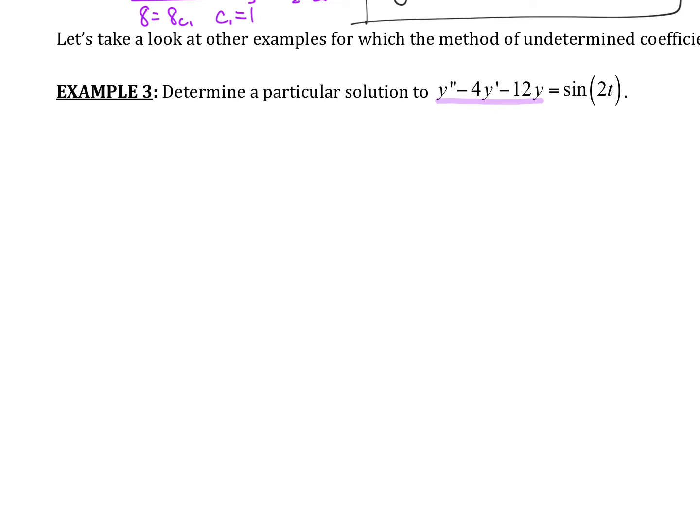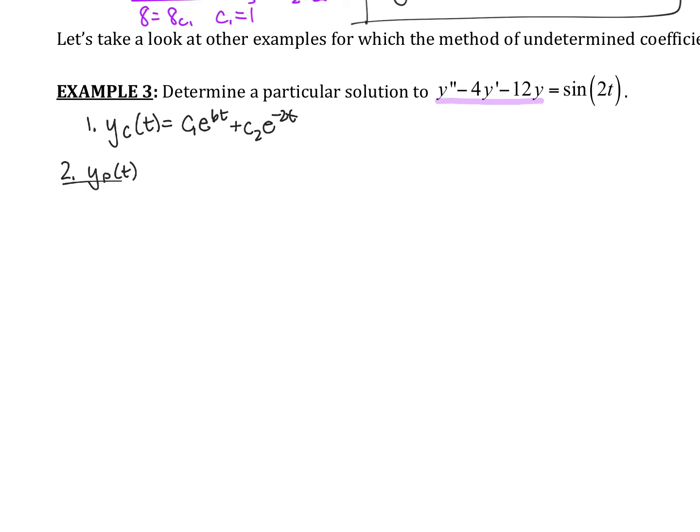From our last examples, our complementary solution is c1 e to the 6t plus c2 e to the negative 2t. There's no need to repeat that. So now our goal is to work on the particular solution.